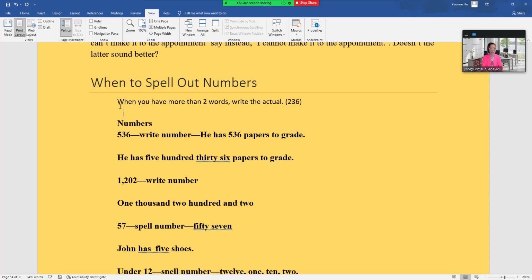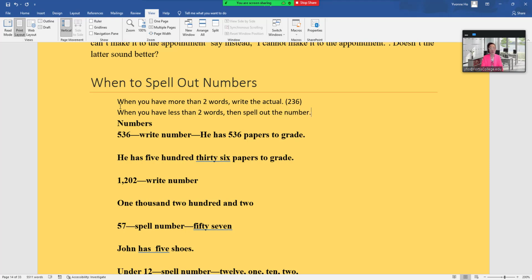All right. So when you have less than 2 words, then you spell out the number. I guess the best way of saying it is spell out the number. All right.